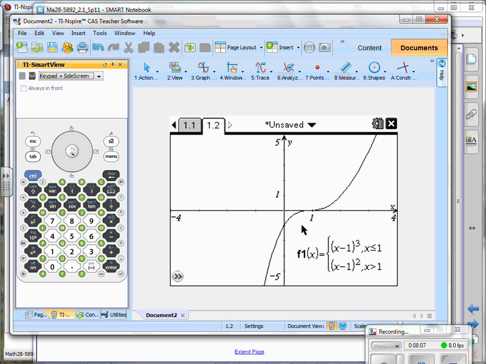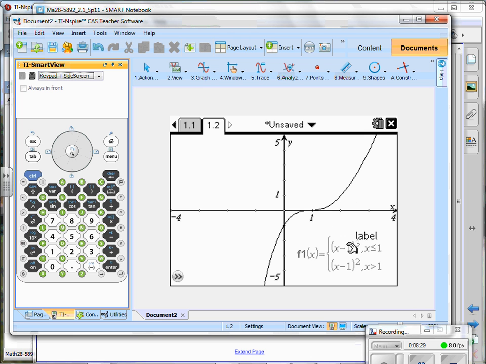Now, if it's continuous, then the value at 1 of the top function, the output value, has to have the same output value as the bottom function, the x minus 1 quantity squared. Let's test it and see.